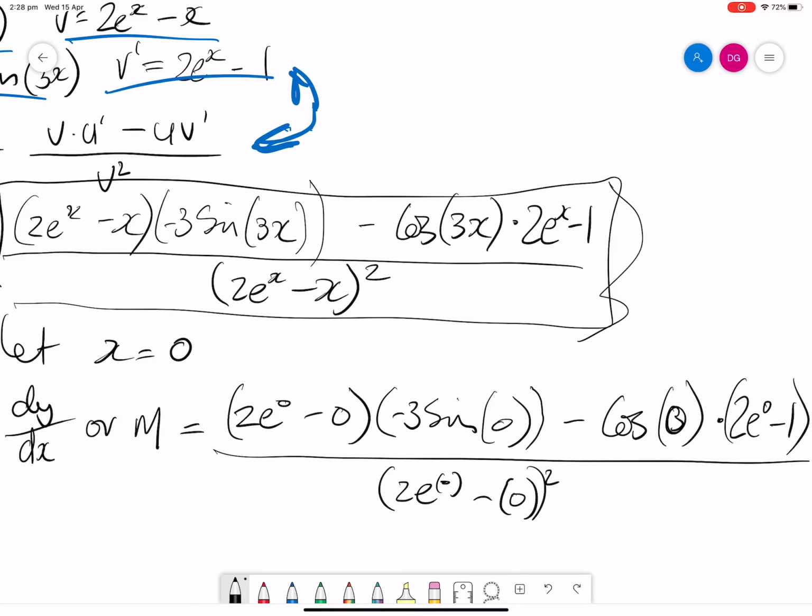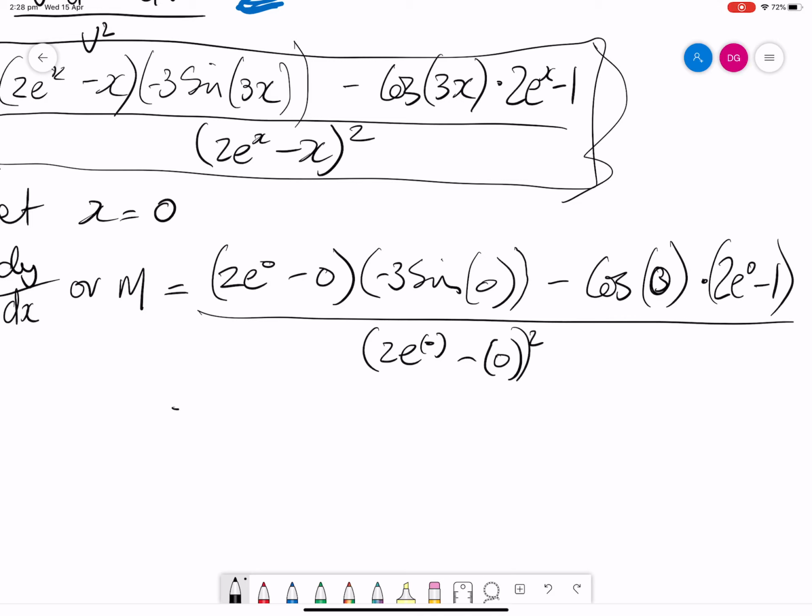Okay, so we've got quite a bit we need to work out here. So let's just keep evaluating. So therefore, 2e to the power of 0 is 2, minus 0 obviously is still 2. Negative 3 times sine of 0.